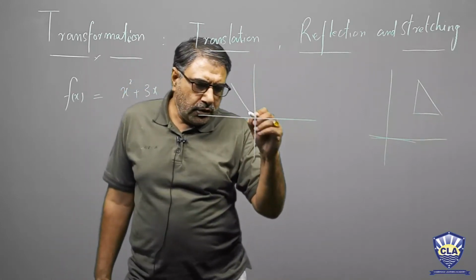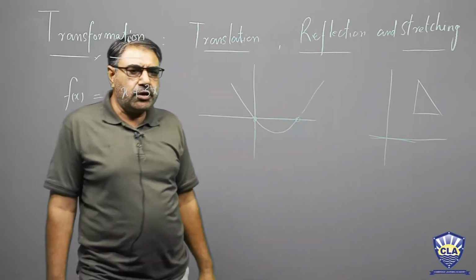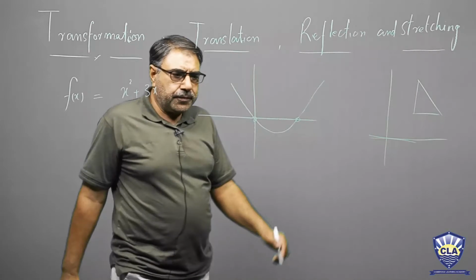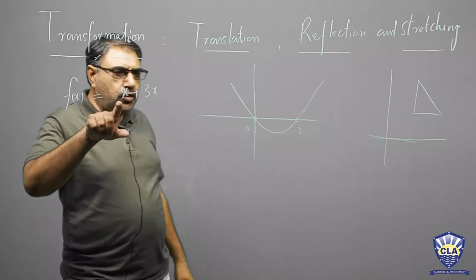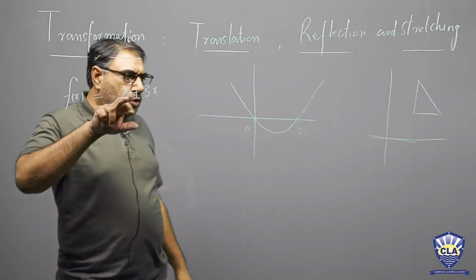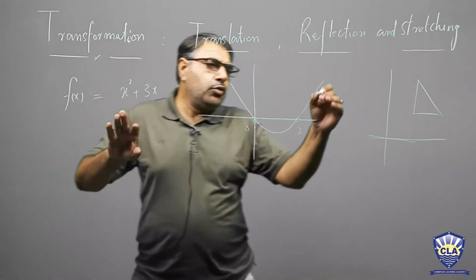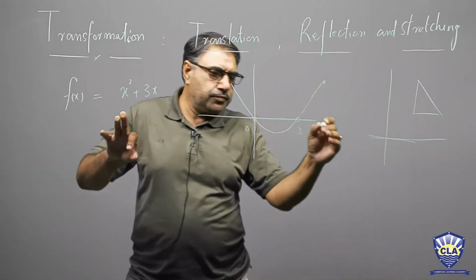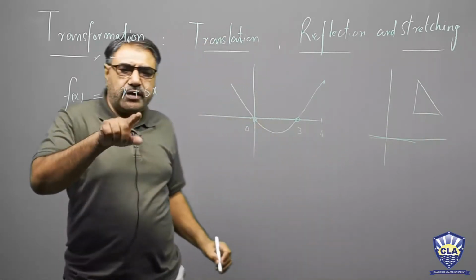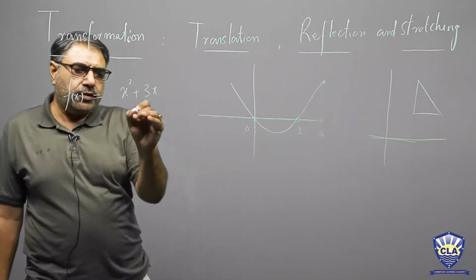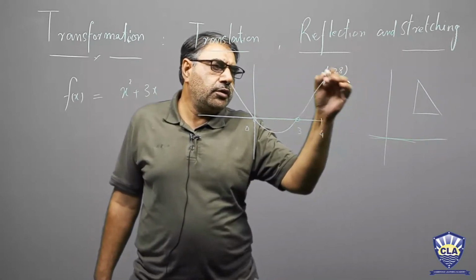If it is not given, you can find 2 points on the graph. One is the origin and the other one is 3, 0. You can find another point by putting x equals 4. 4 fours are 16, plus 12, is 28. It is 4 comma 28.